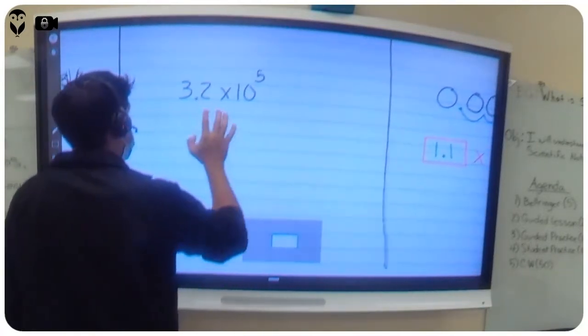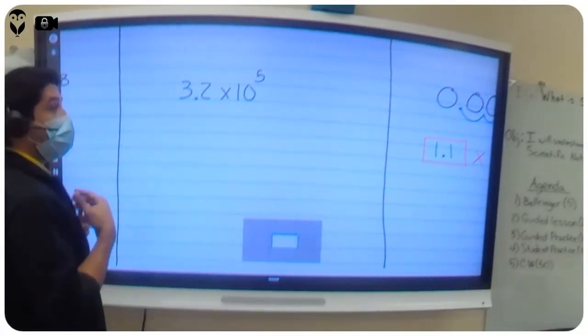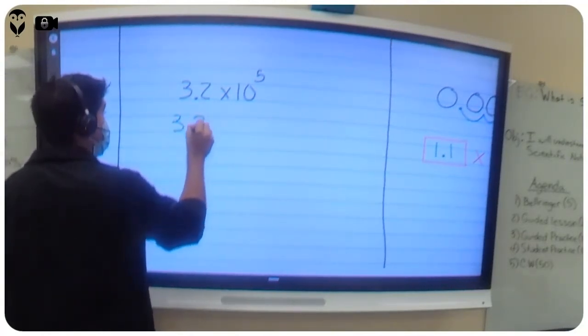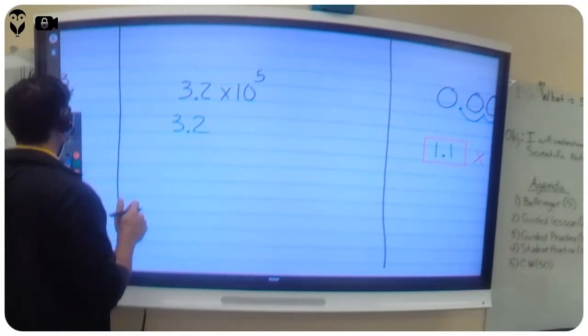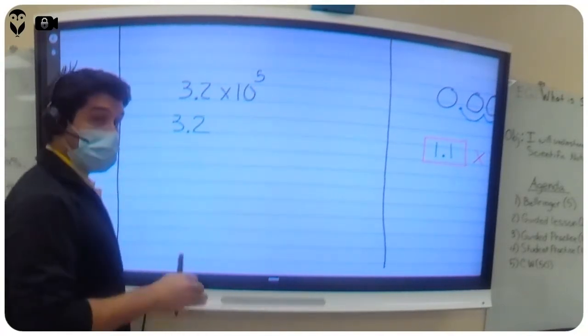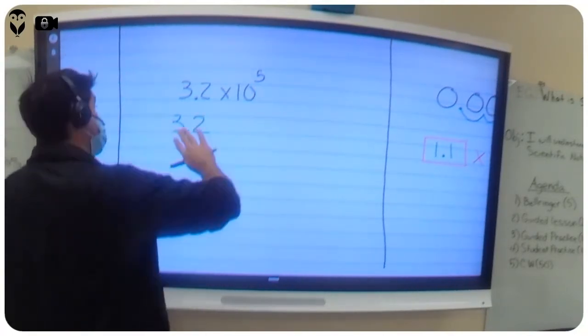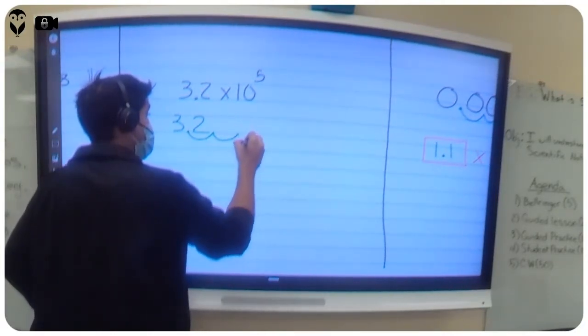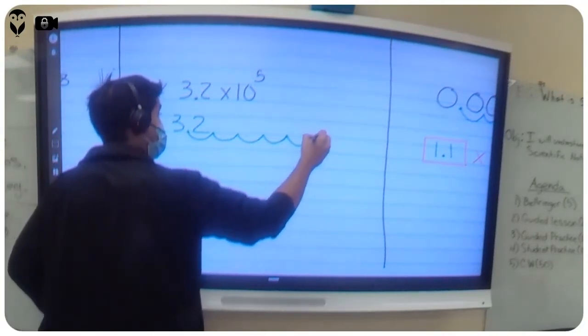Here, now they did the scientific notation. We're going to write the new number. So I start with 3.2. And now I'm going to move this dot 5 times. And remember, it's positive 5, so this is going to be a big number. So I'm going to make it bigger. 1, 2, 3, 4, 5.